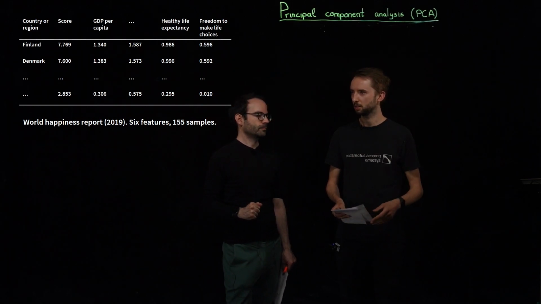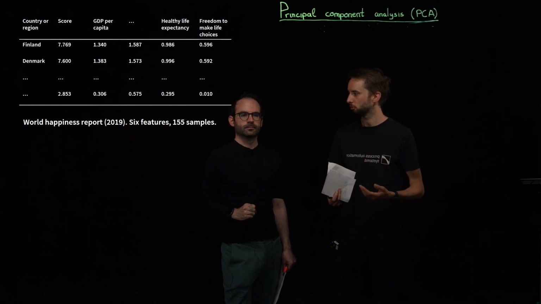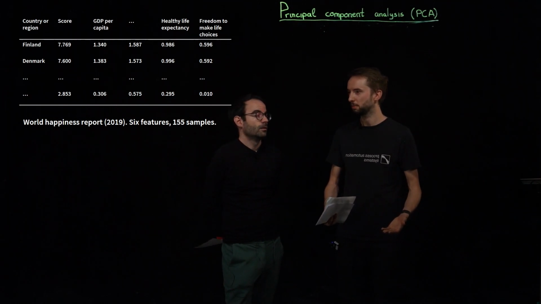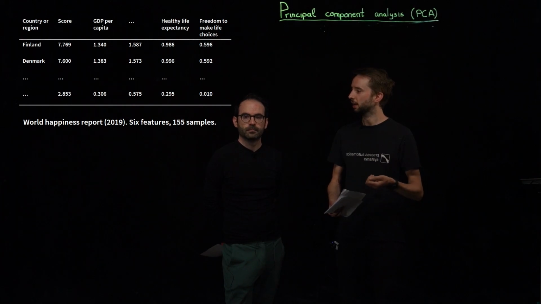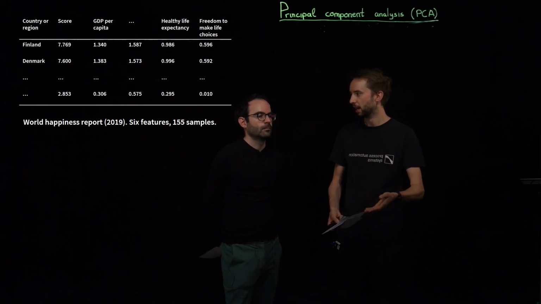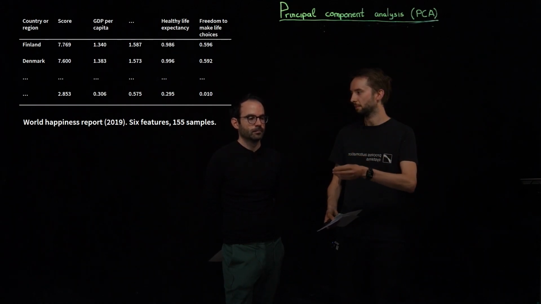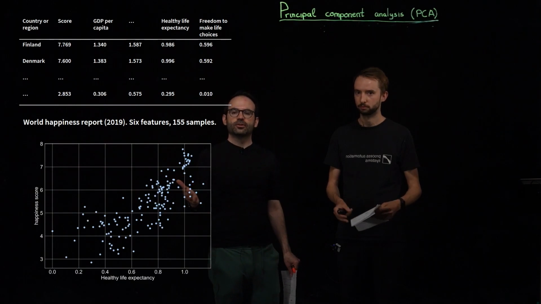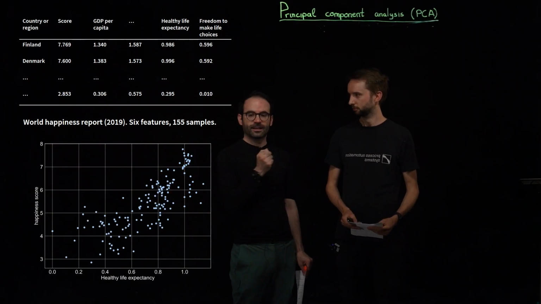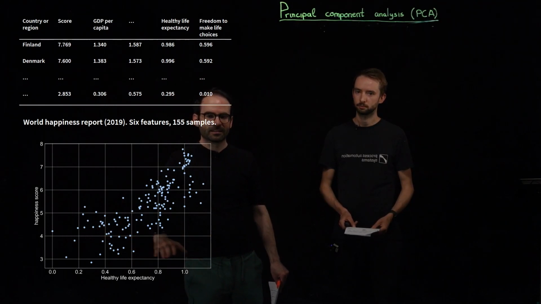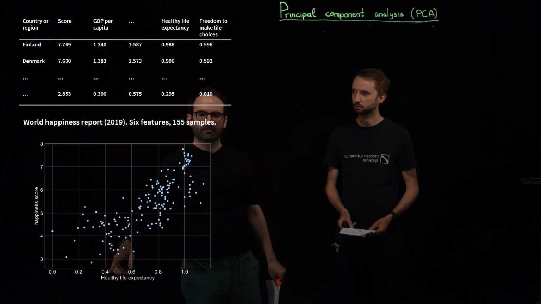So, a maybe naive approach to deal with this problem would be to just drop some of the features. Maybe just say the healthy life expectancy is the most important feature, and if we know that, we can, in a later step, predict the happiness score. Exactly. That would be a very simple approach, but maybe it's not the best one. Let's have a look at exactly that example. You see here on the x-axis that feature, healthy life expectancy.